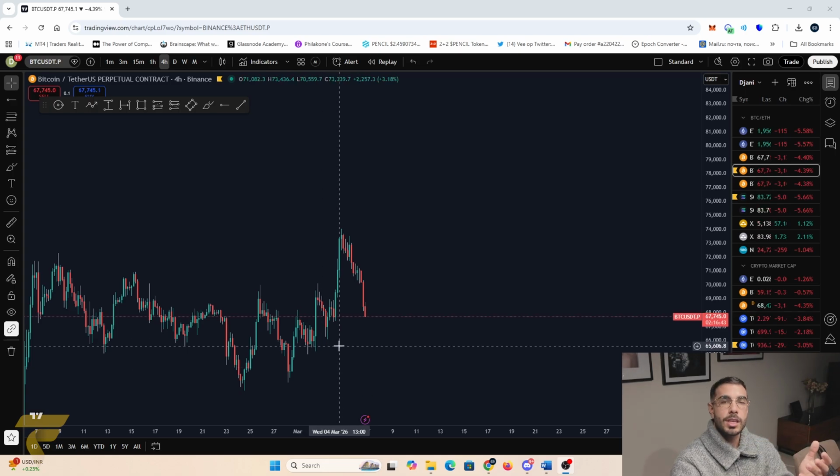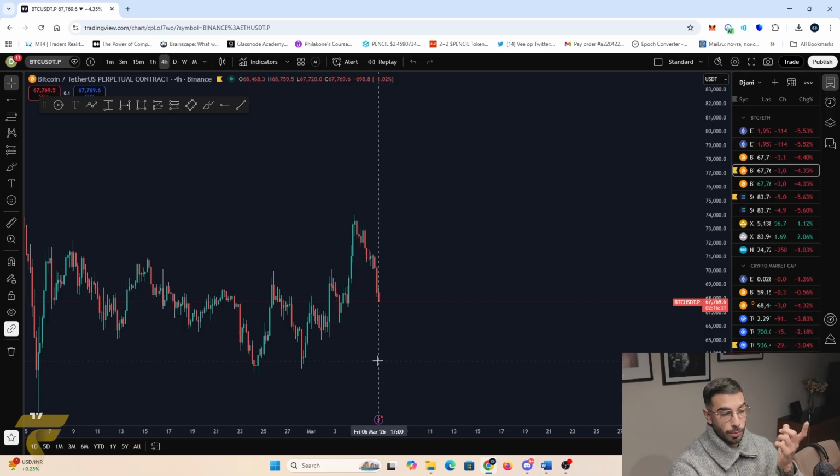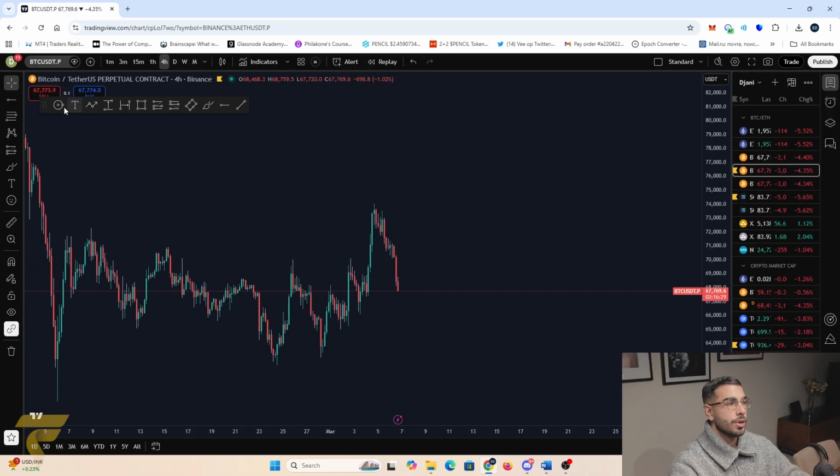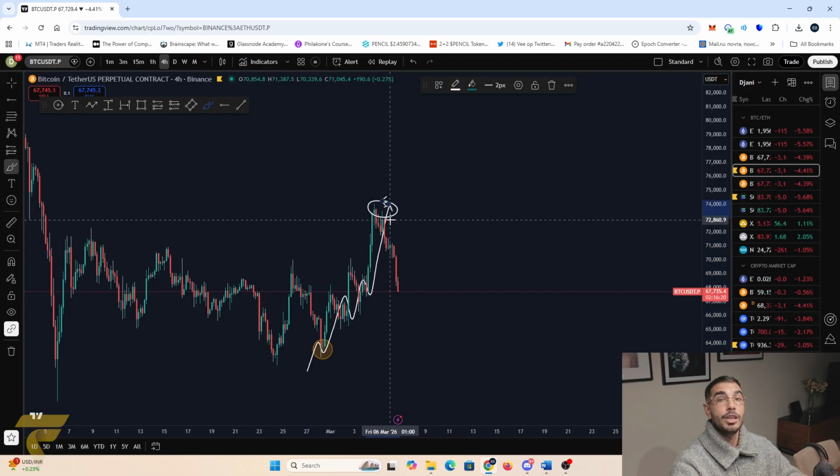But the main goal as a trader is to buy and sell at the correct moments. So whenever you understand price action and you can give an educated guess as to when price potentially is going to bottom out or potentially going to peak, those are the moments where you would like to buy or sell. So for example, very simply explained, this was of course a perfect moment to buy Bitcoin because you can see that it made a huge pump.